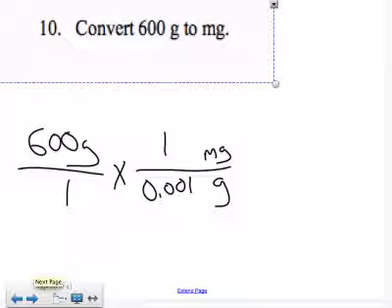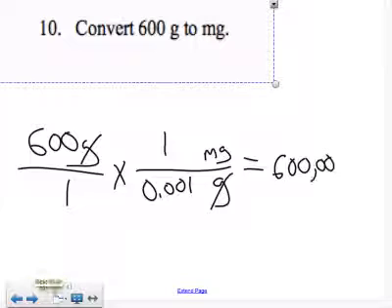Or you could have put 1,000 milligrams over 1 gram. But this is the way the chart in the book is set up, so I'm going to use that as an example. So then the grams unit and the grams unit cancel each other out, and we have 600 divided by 0.001, which makes the answer 600,000, and the unit is milligrams.